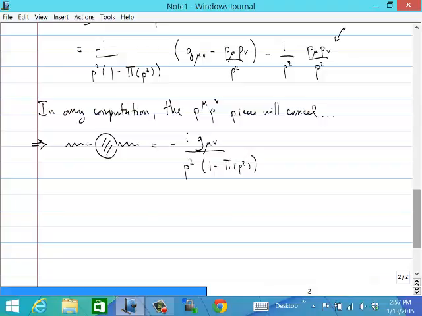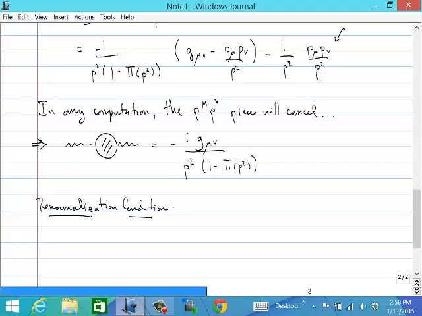And the exact same thing is going to happen here. A crucial ingredient when we studied this propagator in scalar field theory was the decision of how we want to enforce these physical conditions. And in the present case, we're going to enforce the physical conditions by placing some constraints on this function Pi.